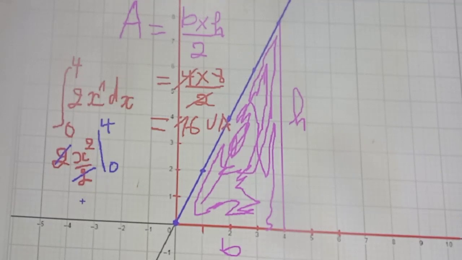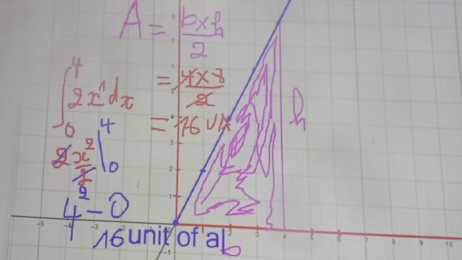We start with the upper boundary: 4 power 2 minus 0, which is now 16 units of area. Which is the same as using the formulas.